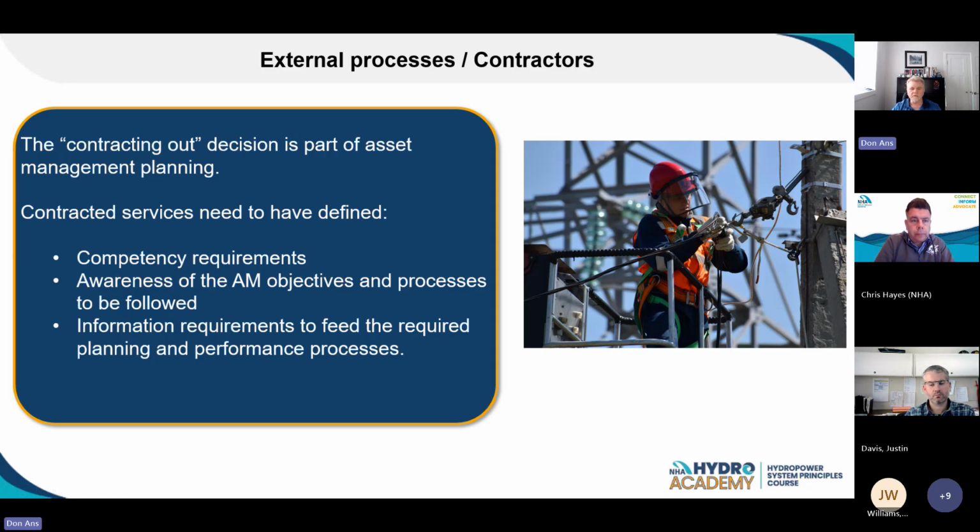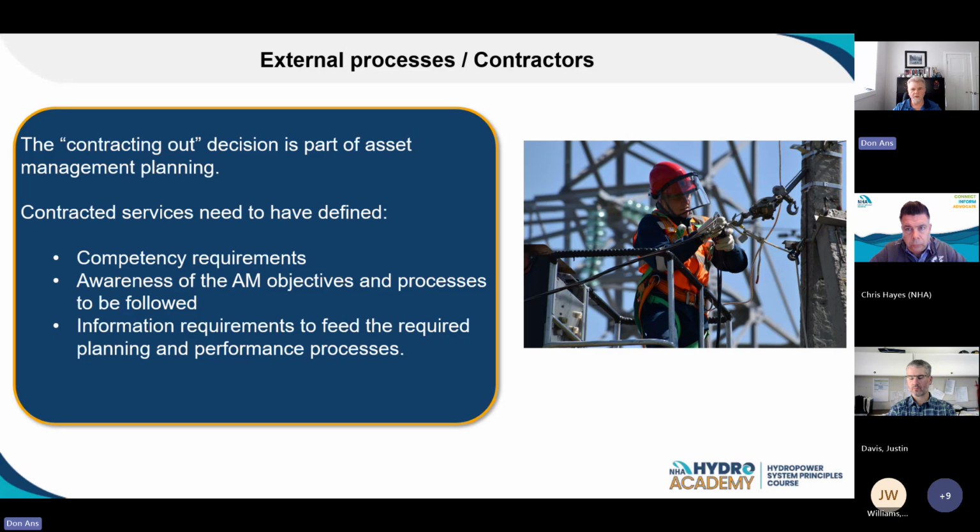So finally, this is something that most people don't consider to be part of asset management, but it definitely is: the contracting out decision. When you're developing your asset management plans per asset class, one of the decisions you have to make is who's doing the work, right?